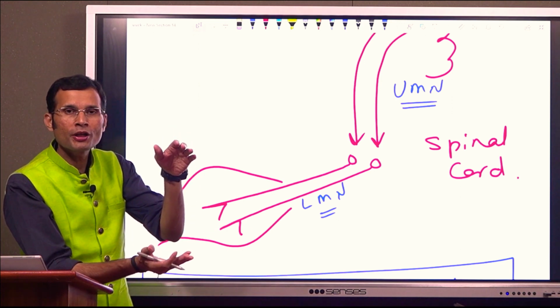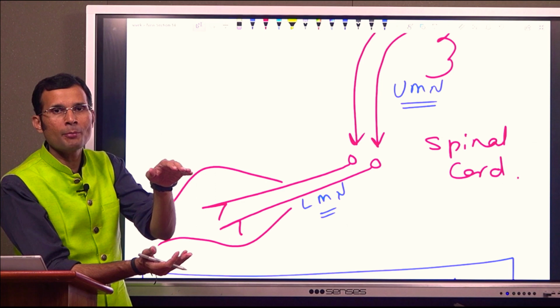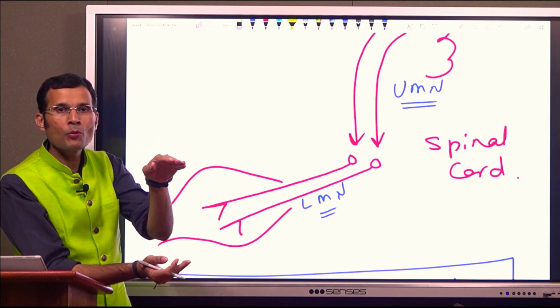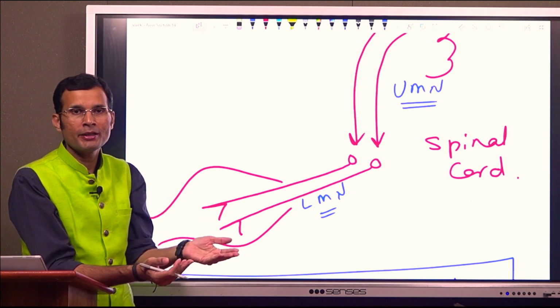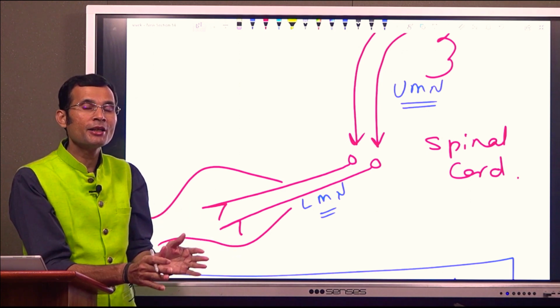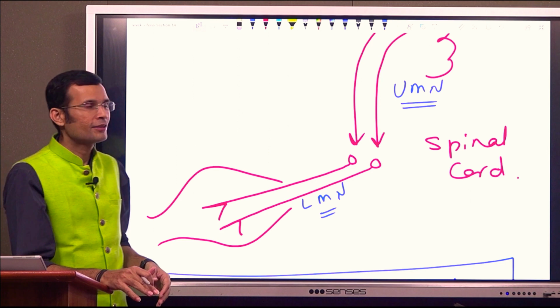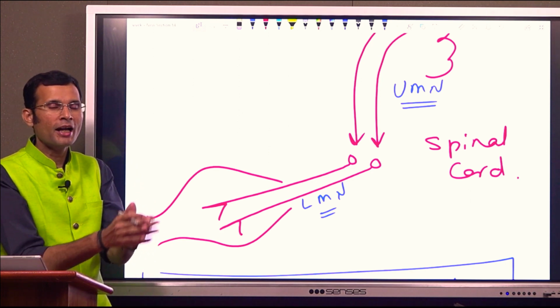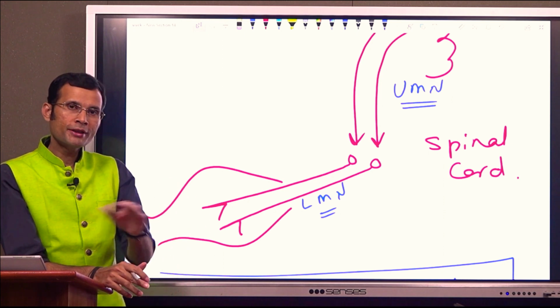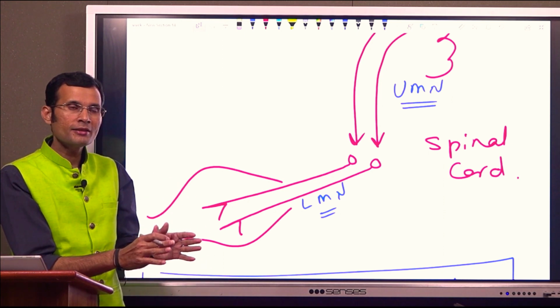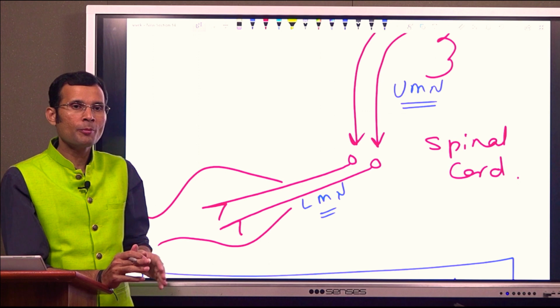Now, the upper motor neuron facilitates as well as inhibits my activity, but inhibitory influences predominate. This is just for the sake of example. I repeat once again, this is just for the sake of understanding that both types of signals exist, but inhibitory signals predominate.